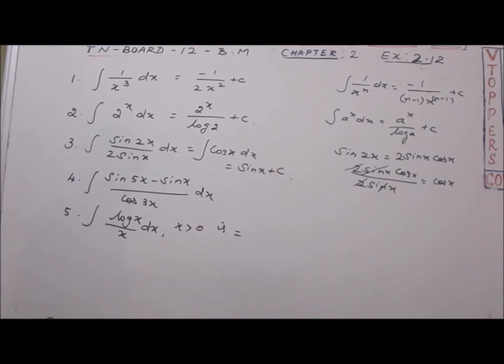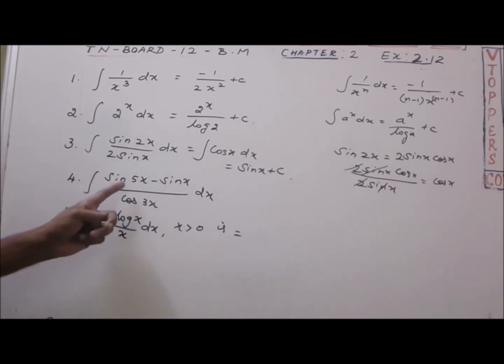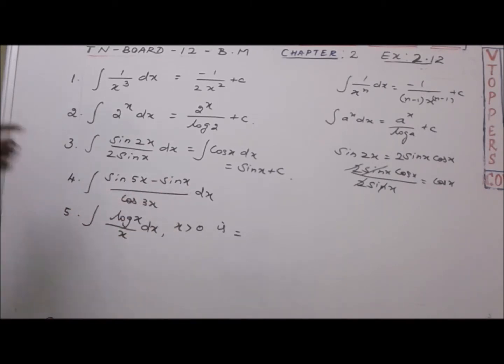Now question number 4. Here we need one more formula to complete this. The numerator is in the form of sin c minus sin d.